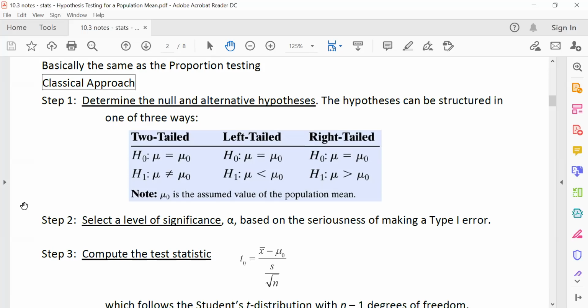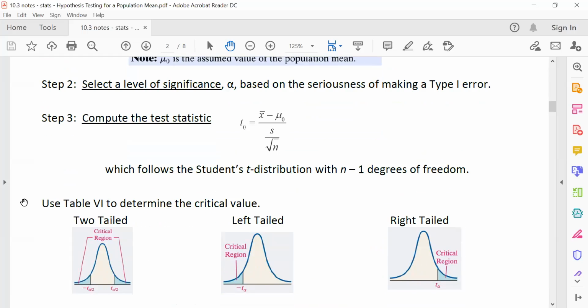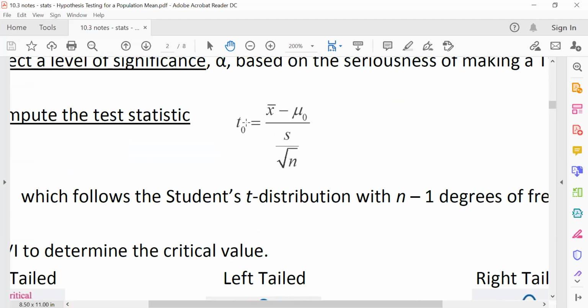We select a level of significance alpha based on how seriously we want to not make a type 1 error. We're going to have a test statistic. It's going to be a t statistic. So we use t0 here. It's going to be x bar, the sample mean, minus mu naught, which is the hypothesized value of the population mean.